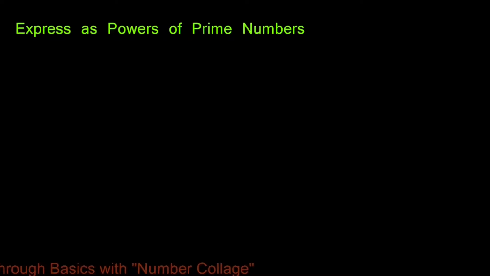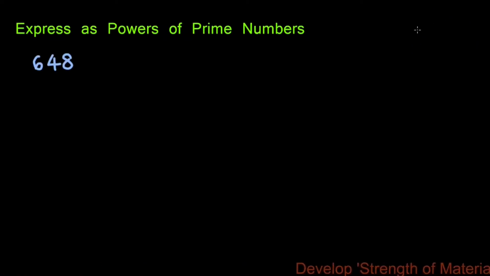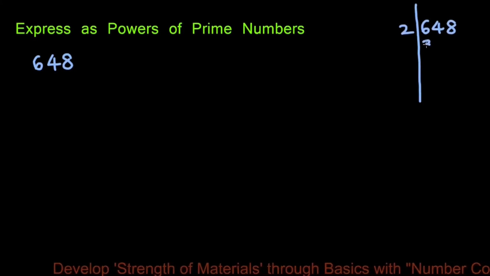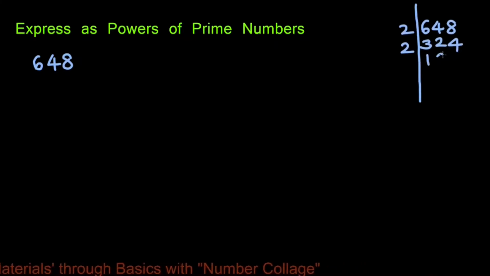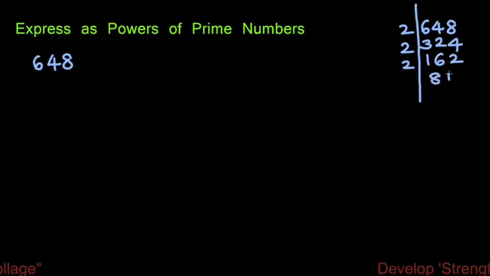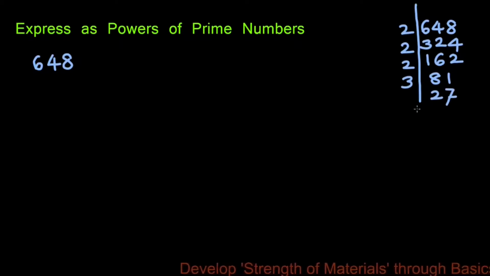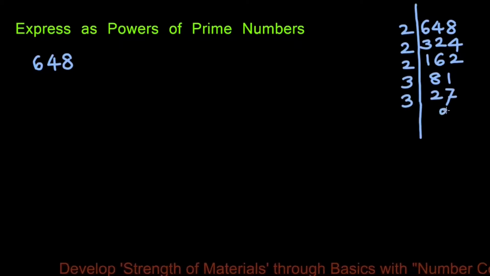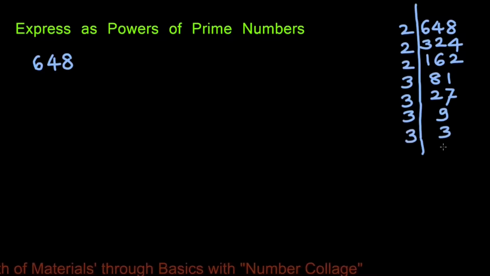We have to express the following numbers as powers of prime numbers. First is 648. Let us find prime factors of 648. 2 threes are 6, 2 twos are 4, 2 fours are 8, 2 ones are 2, 2 sixes are 12, 2 twos are 4, 2 eights are 16, 2 ones are 2, 3 twos are 6, 3 sevens are 21, 3 nines are 27, 3 threes are 9, and finally 3 ones are 3.